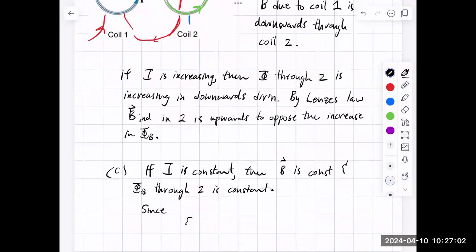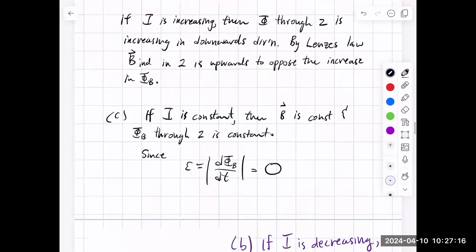Since the induced EMF is the derivative of the flux with respect to time, if phi is constant, then it's not changing with time. So d phi dt would equal 0. There'd be no induced voltage, no induced current, and no induced magnetic field.